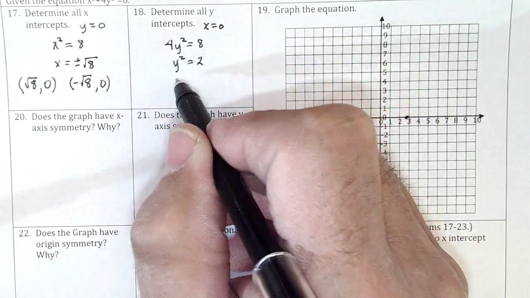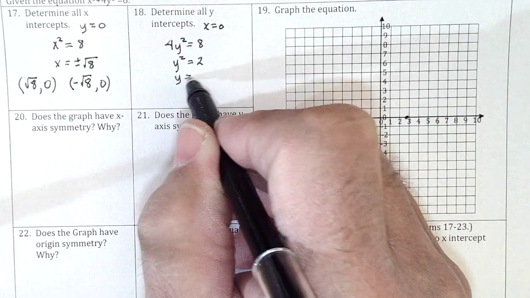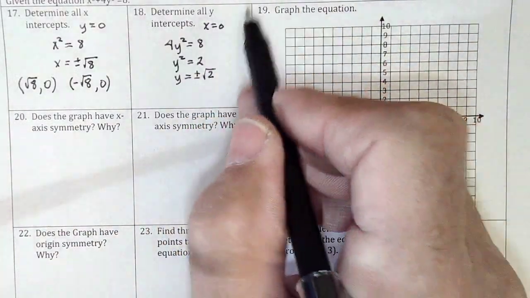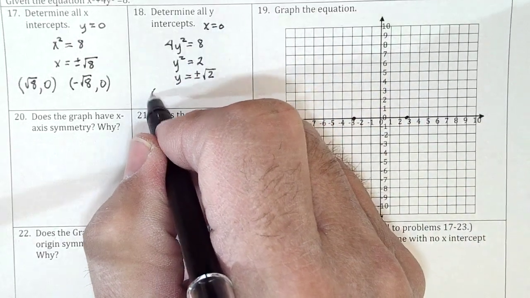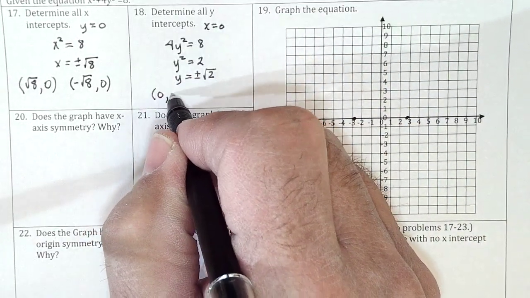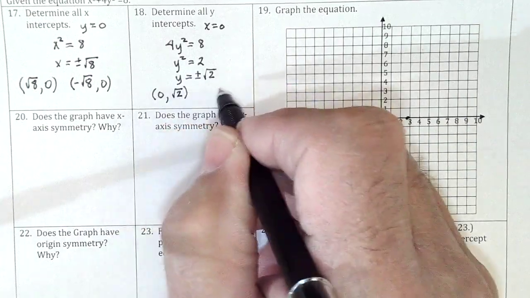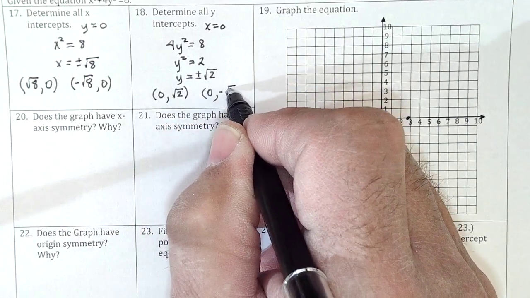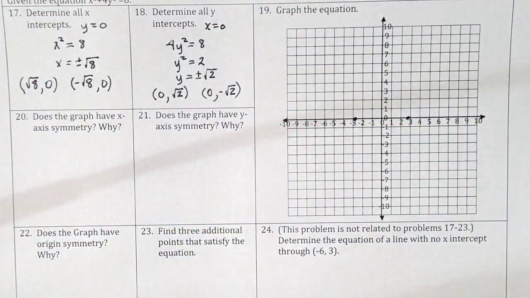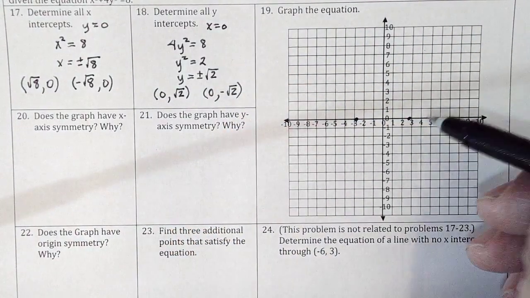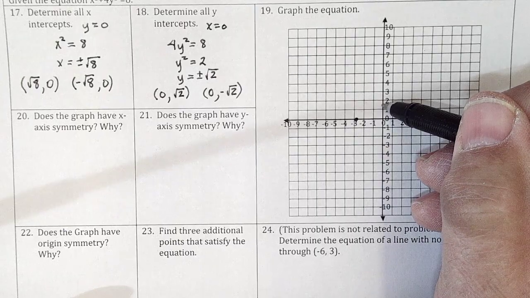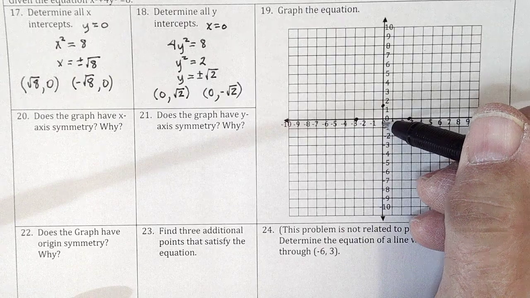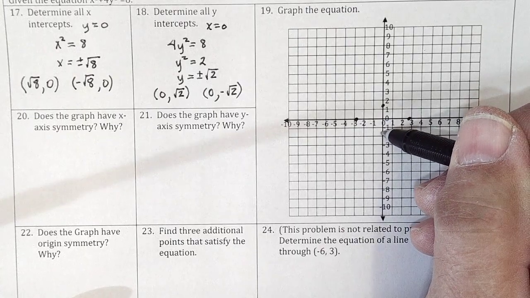Take the square root of both sides, and I get y equals plus or minus the square root of 2. That was when x was 0, so I'm going to have the point (0, square root of 2) and the point (0, negative square root of 2). The square root of 2 is about 1.4, so that would be here, (0, 1.4) and (0, -1.4).